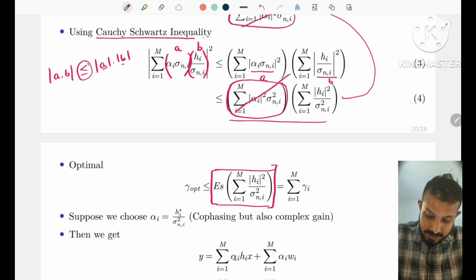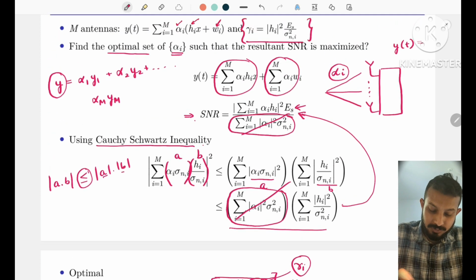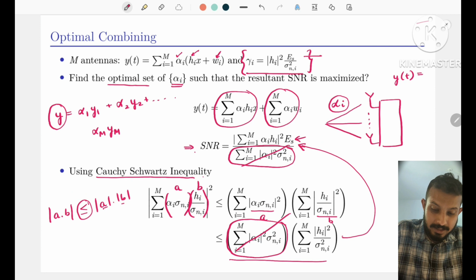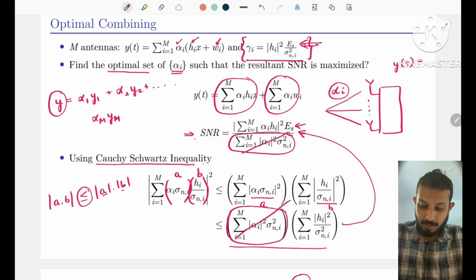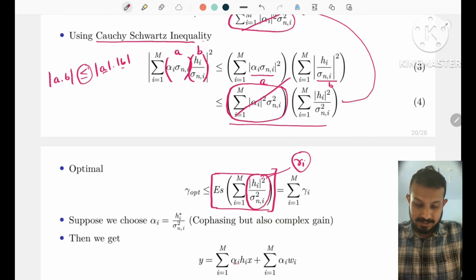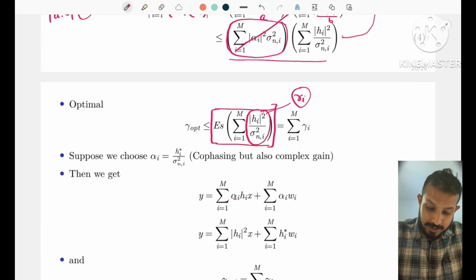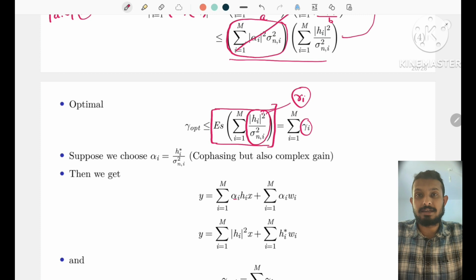And what is this? This is nothing but gamma i, the SNR corresponding to the ith branch, which is also defined in this particular expression. Gamma i is equal to mod hi square upon sigma square n comma i times Es. So then we have summation over all the branches of the SNR of the ith branch.